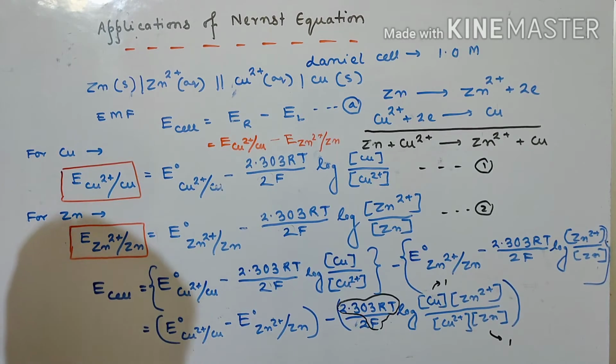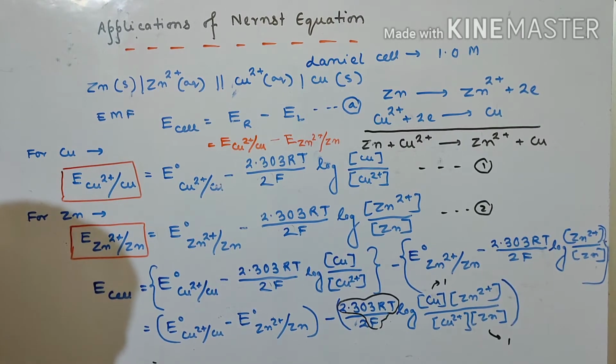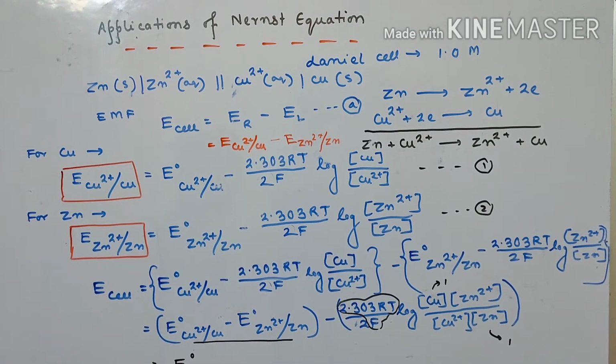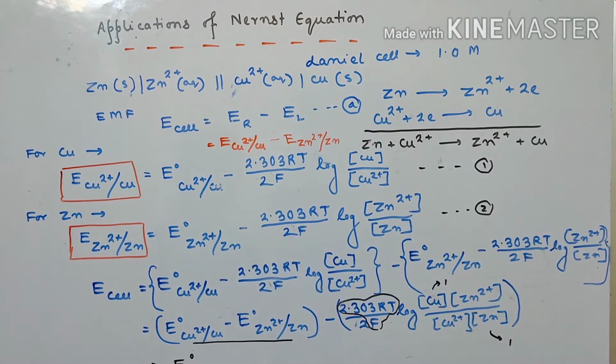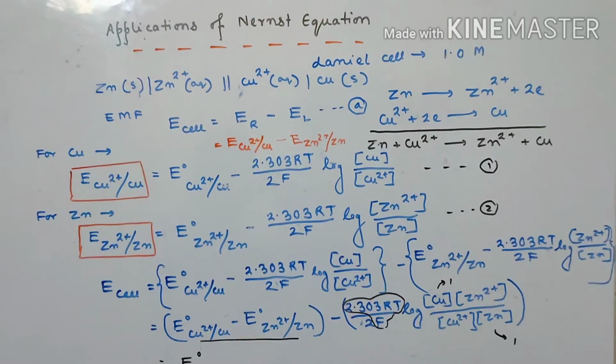So what we can do is rewrite the equation as this much is E0 cell, right? We already know. Just let me adjust the camera once again.